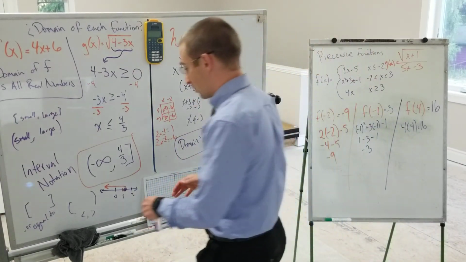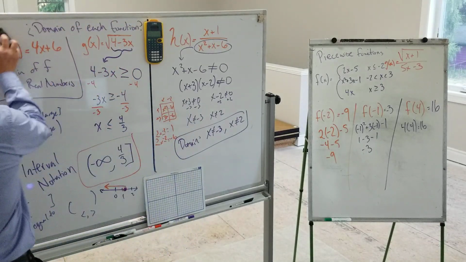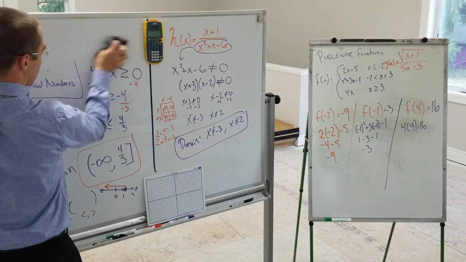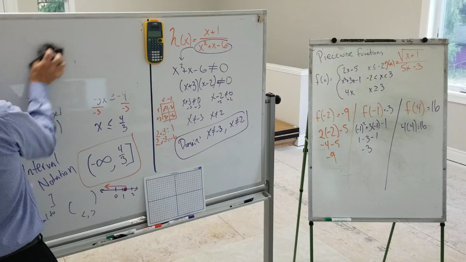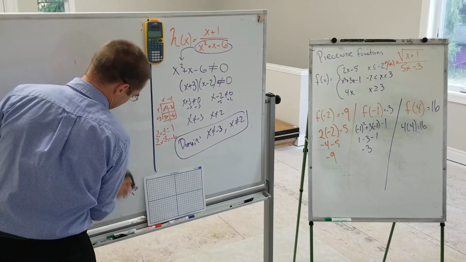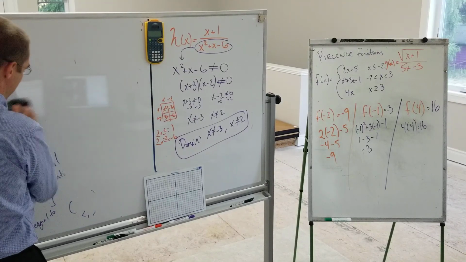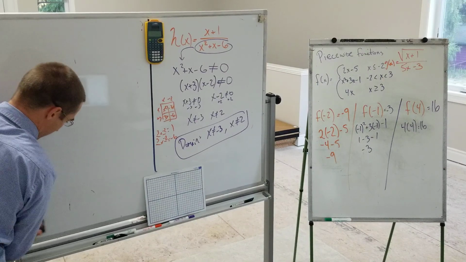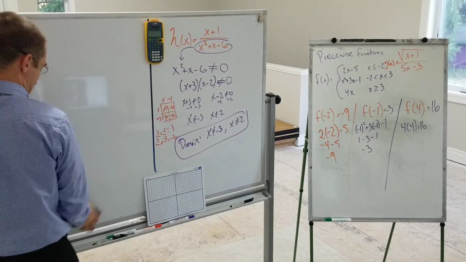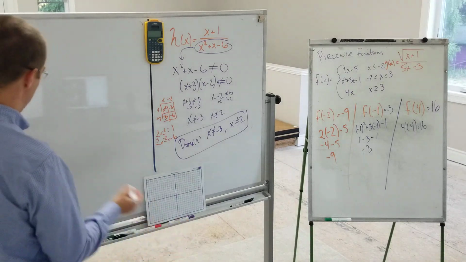Let's talk domain and range on a graph. So I'm going to sketch a little graph up here. It's not going to be super accurate, but I'm going to do my best. I don't have a projector. So let's say we've got this.